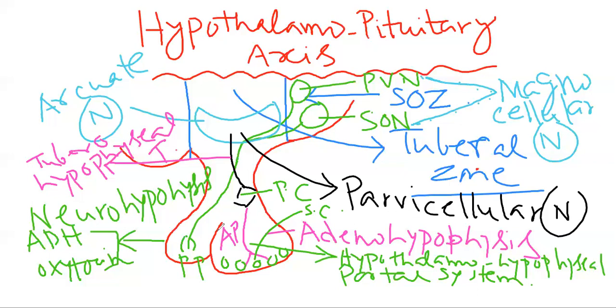Now we shall start our discussion from the neurohypophysis, the hypothalamo-neurohypophyseal tract, by which ultimately ADH and oxytocin are produced, how they are produced, and what their action or role in our body is. We will first discuss that in our next slide.